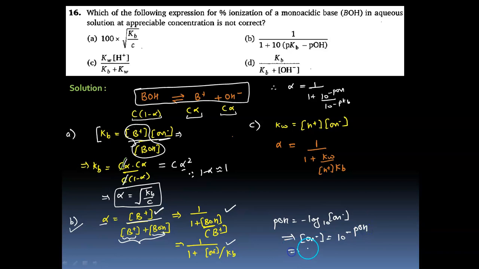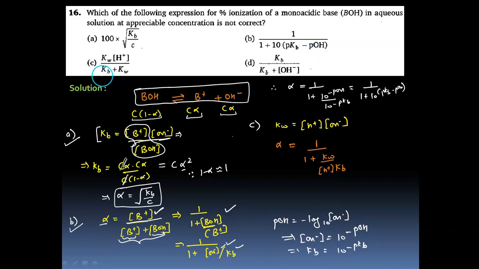Similarly, Kb I can write as 10 raised to power minus pKb. And if I put this expression over here and here, I get 1 plus 10 raised to power pKb minus pOH, which means the B expression is also valid. Of course, that should have been multiplied by 100, but actually it is factually correct as far as the fraction expression goes.